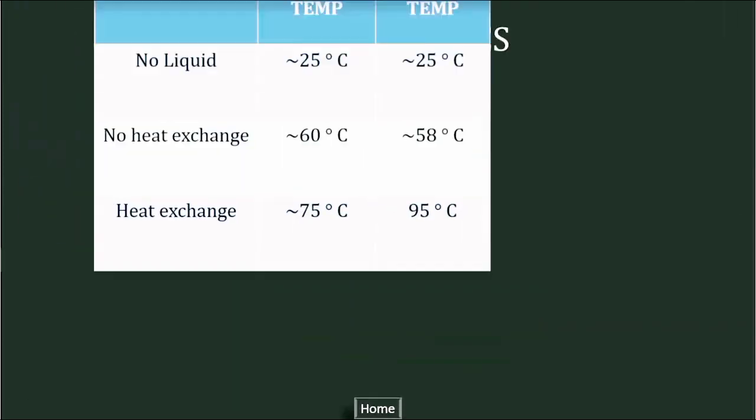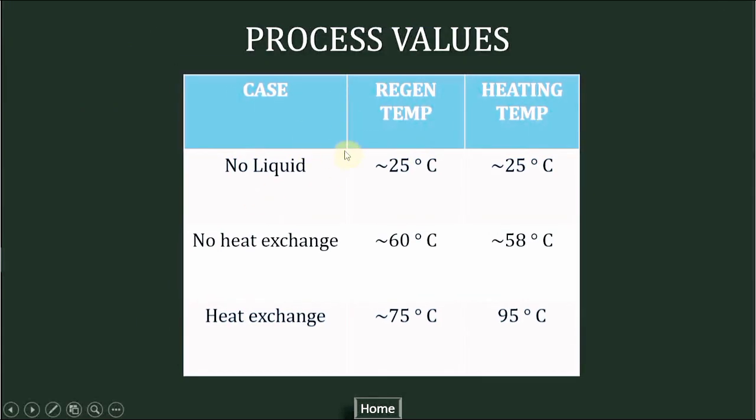And for the sensor, the temperature of the regeneration heating section is categorized into three cases. If there is no liquid in the pipe, the temperature transmitter will indicate the ambient temperature, about 25 to 30 degrees Celsius.